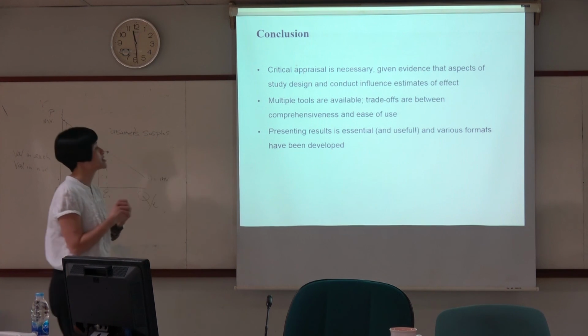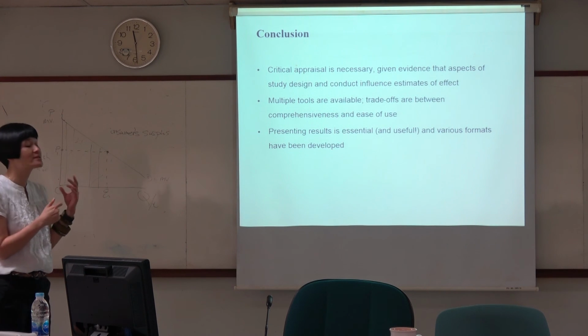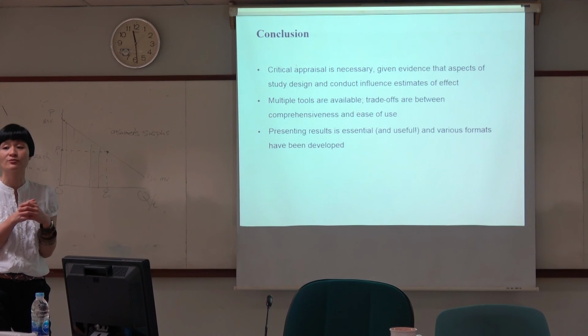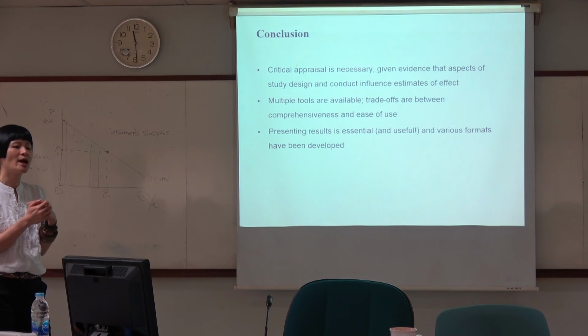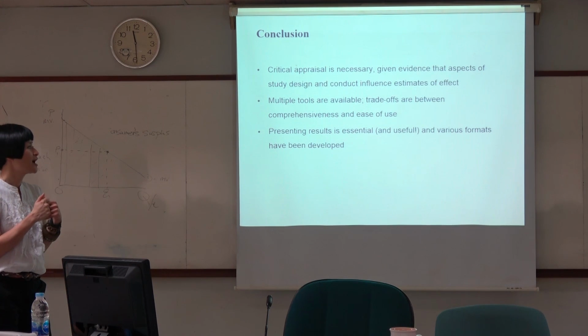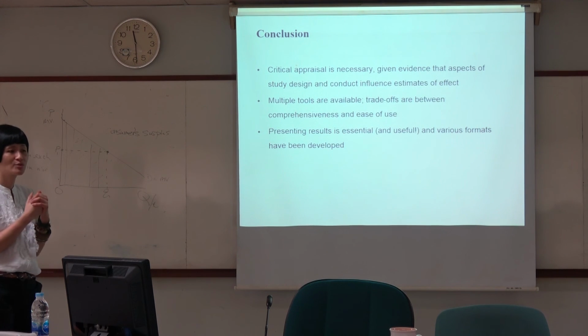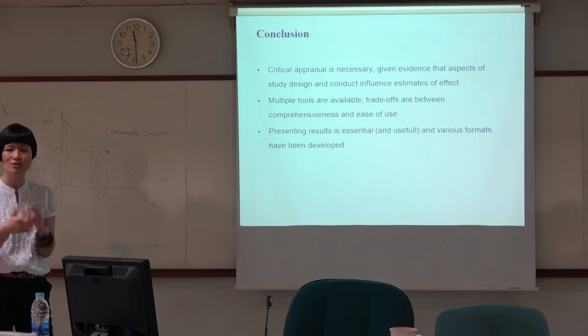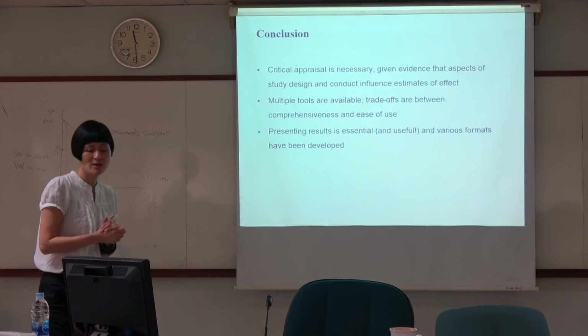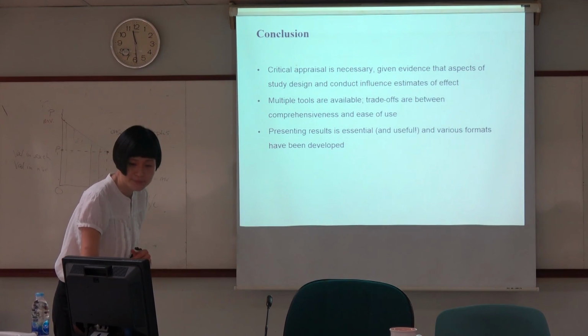And presenting results is essential and useful, and there are different formats for you to present the results. I've just shown you some examples. There are no rules on how you should present your risk of bias assessment, as long as it's transparent and understandable to the reader. So you can be creative. You can create your own way of presenting the results.